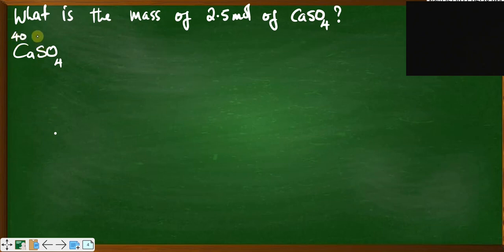Then S is sulfur, 32. Then O is oxygen, 16. So you total up to find its relative formula mass. So you say 40, plus sulfur 32, plus oxygen 16, times 4. Then you say equals.